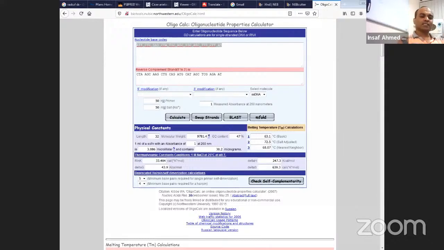Now you will ask me, this is a plant protein, why do you want to express it in a bacterial system? Why don't you use another system? Because bacteria have a lot of benefits.